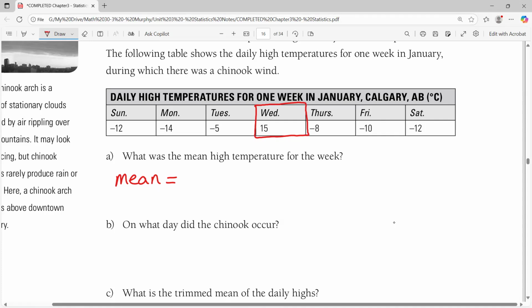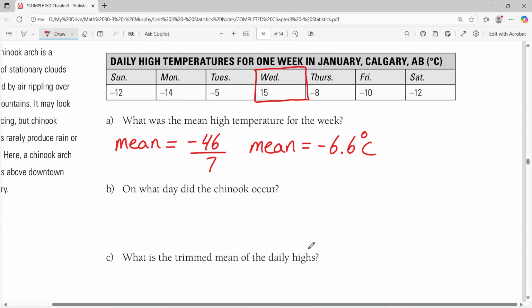So -46, and divide that by 7. And our average daily temperature comes out to minus 6.6. And I am going to go to a decimal place. Okay. And on what day did the Chinook occur? Wednesday.